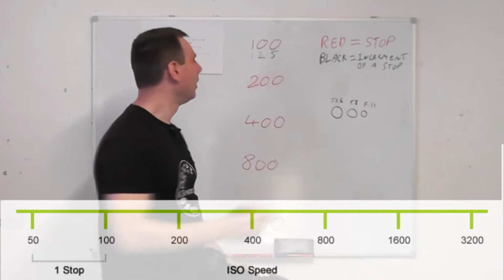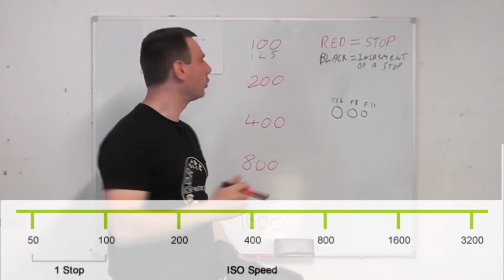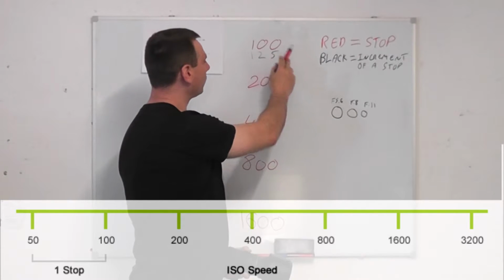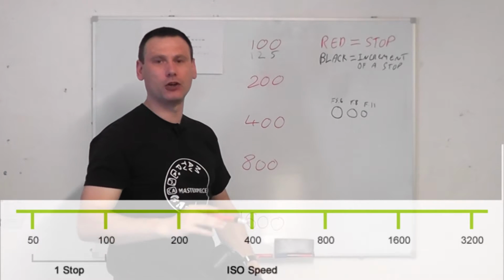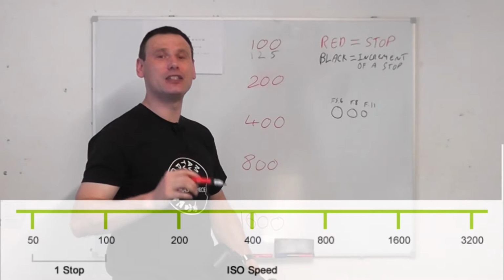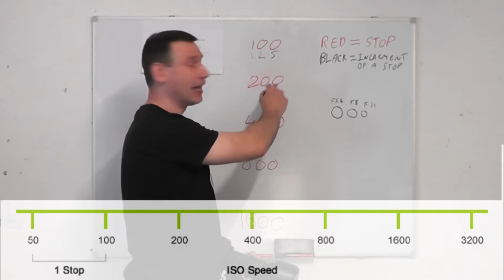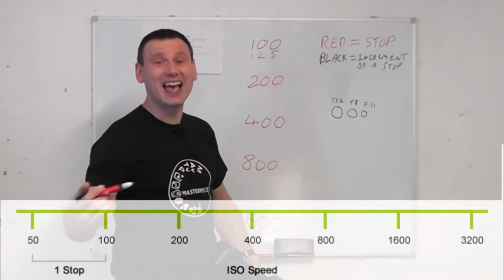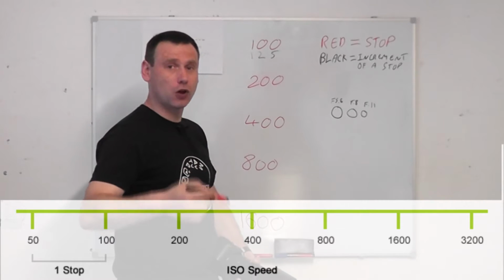So you see what I mean? You're just letting in a fraction more light. Just because you go from ISO 100 to ISO 125 does not mean you're doubling the amount of light. Instead, it only means you're letting in a fraction of that light compared to ISO 200, because again, it's ISO 200 that will double the amount of light.